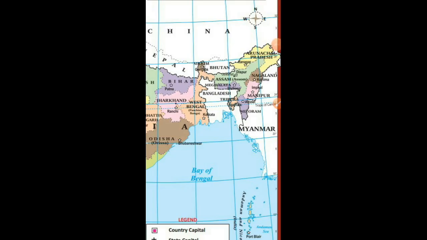Why the eastern states are called Seven Sisters means the states included are Arunachal Pradesh, Assam, Meghalaya, Tripura, Manipur, Nagaland, Mizoram. These 7 states combined together are called Seven Sisters because they are interdependent.